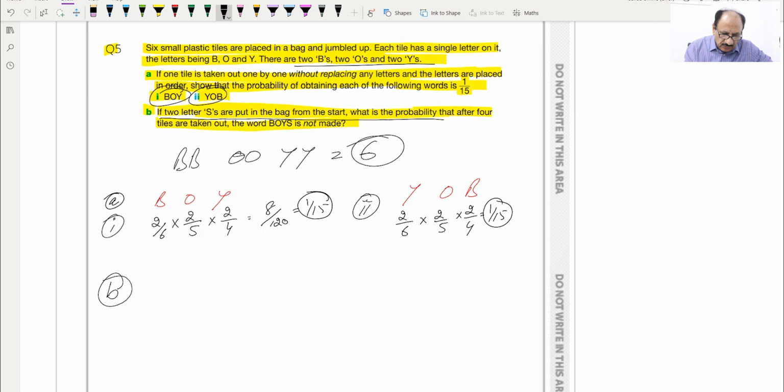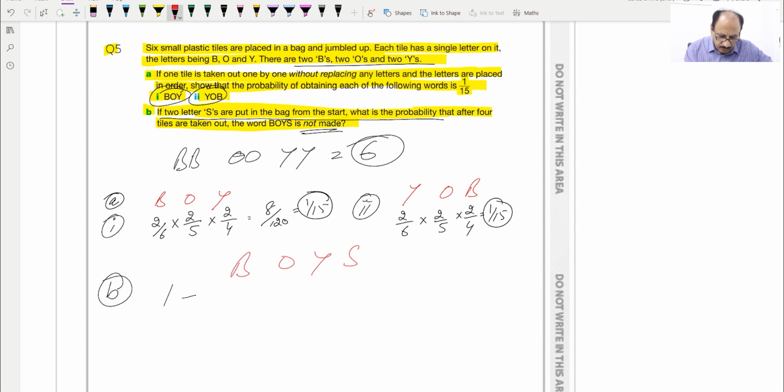So BOYS is not made, so we will take the complement, because not made we can take as 1 minus made. So 1 minus the probability of BOYS. So we will be getting not made.